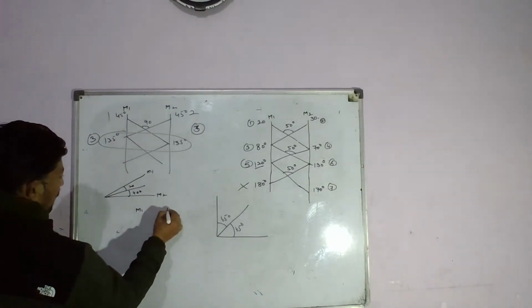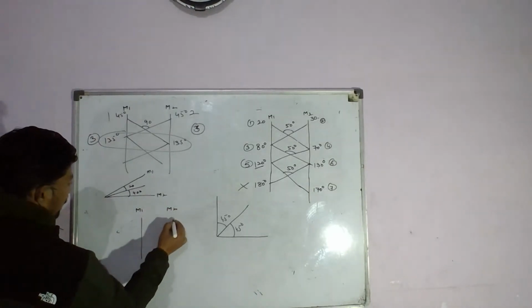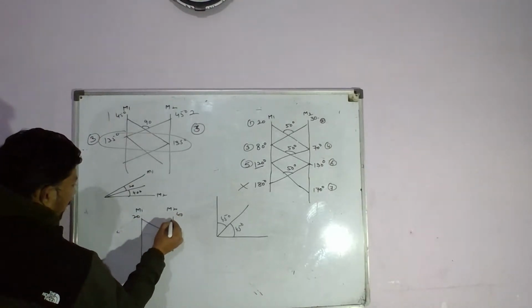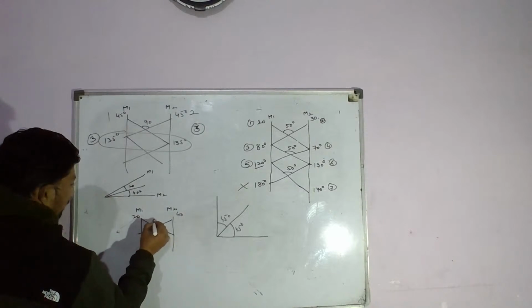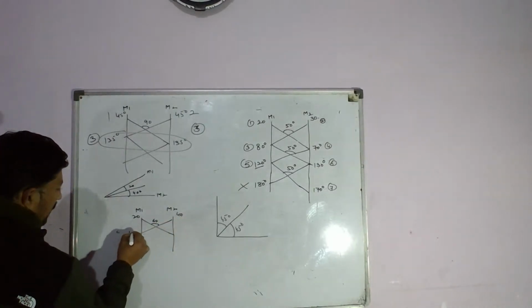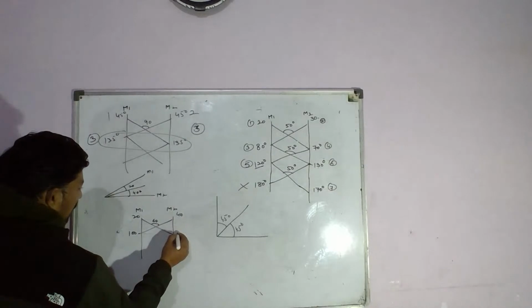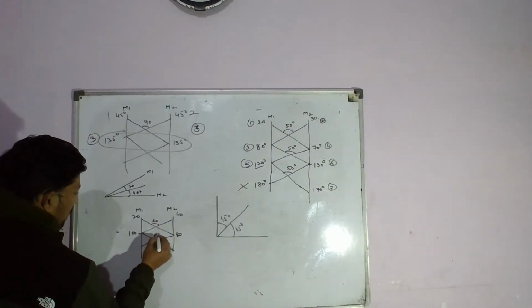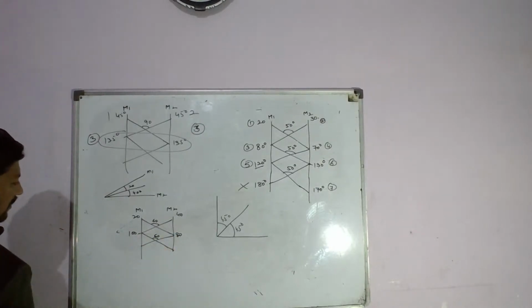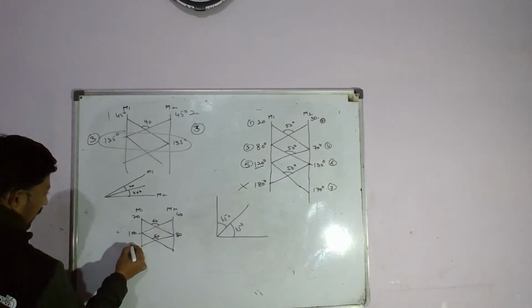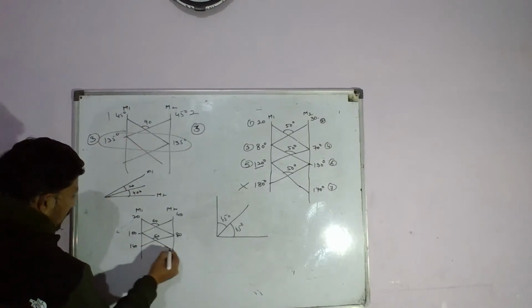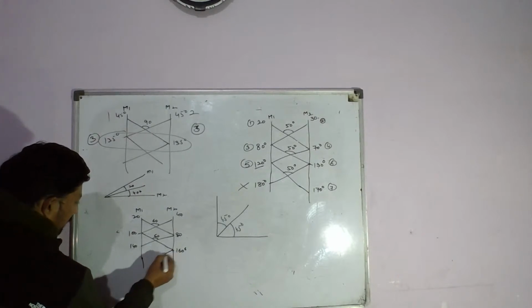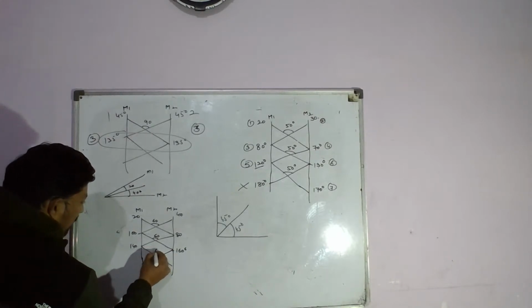Mirror M1, mirror M2, and this 20, 40, 20, 40, it means 60, 60 plus 40, 100, and 80 here, and this is 60, 80 plus 60, 140, and 160. Move on, 60.